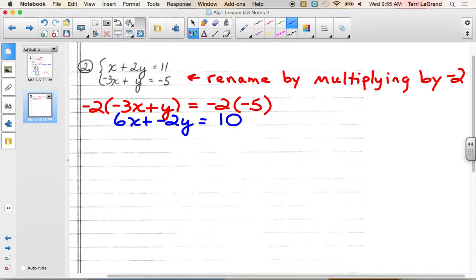Okay, now what do we do with that? We do the same thing that we would do with opposites. So that just replaced it, it's its new name, so now we say, okay, now they're ready to add together. So I'm going to take my first equation that did not get renamed, the new name for the second one, and set up our addition problem.